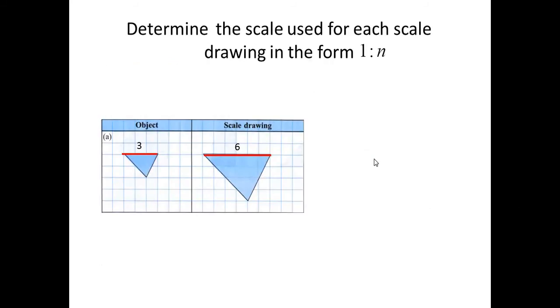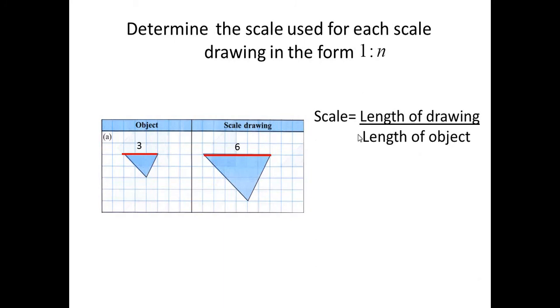Okay, now we're going to apply the scale here. Given the object and the scale drawing, we're going to determine the scale used for this drawing in the form of 1:n. What is our first step?